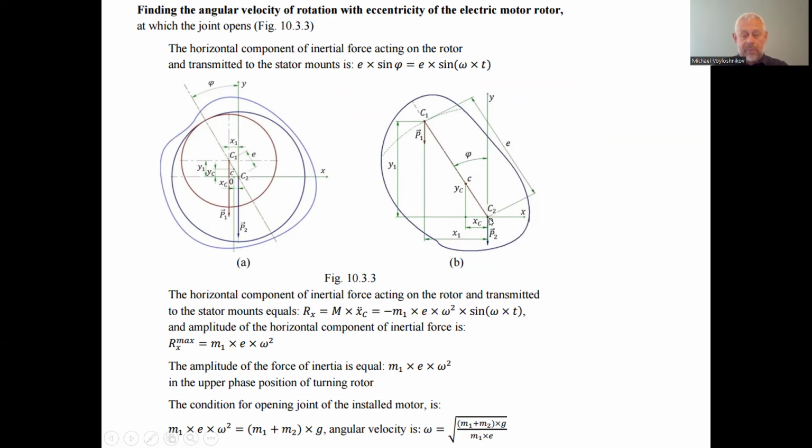It's more convenient because we have fewer summands in the final equation. And we will consider the projection of the accelerations and the motions on the ordinate axis, not on the abscissa axis as we did before, but on the ordinate one.